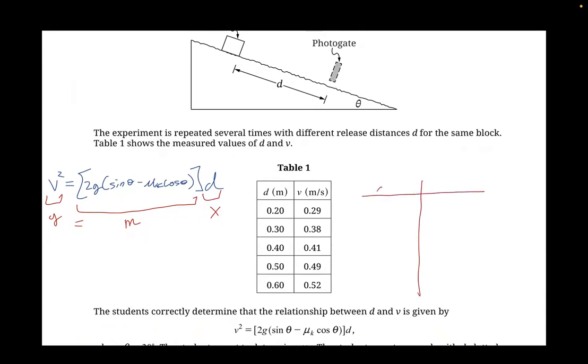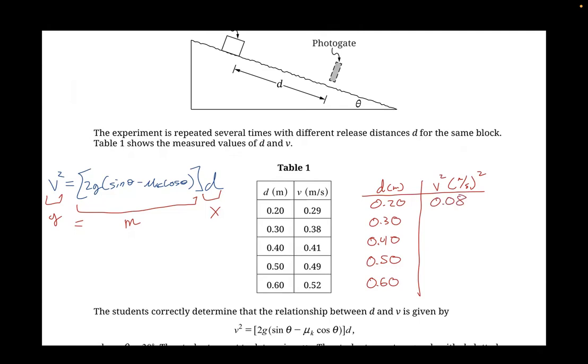So we'll have d here in meters, and then v squared in meters squared per second squared. Awesome. So the d values stay the same: 0.20, 0.30, 0.40, 0.50, and then 0.60. And then we're going to square all of our velocities. So I'll do that on a calculator. First value is 0.08.